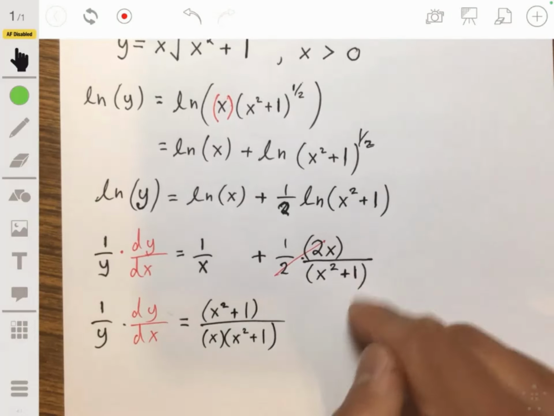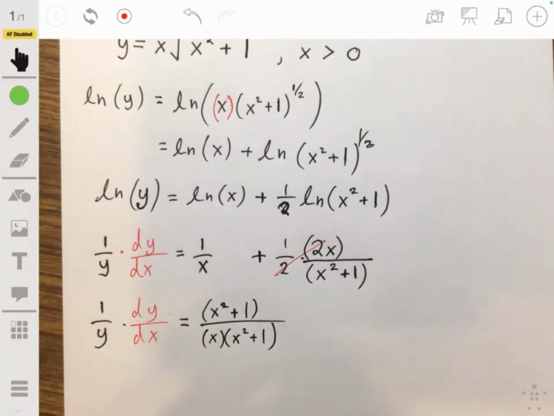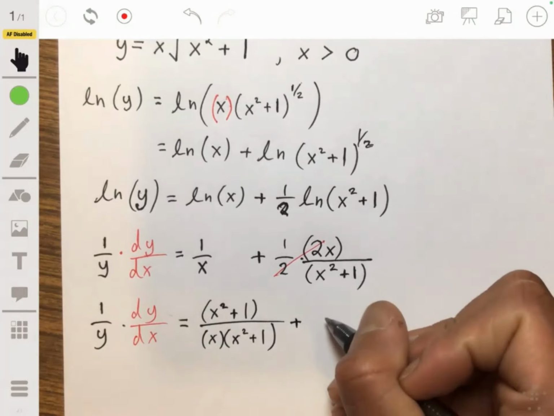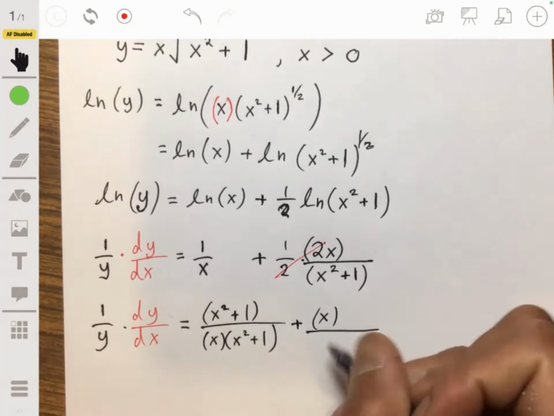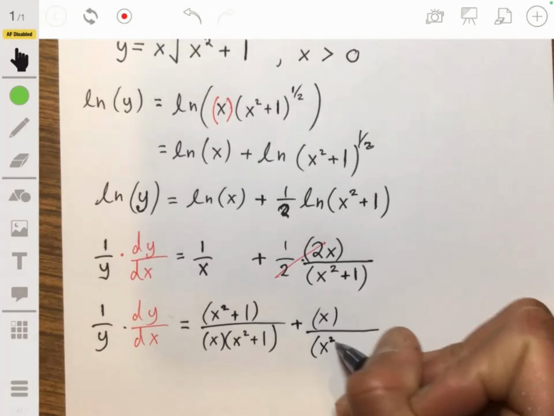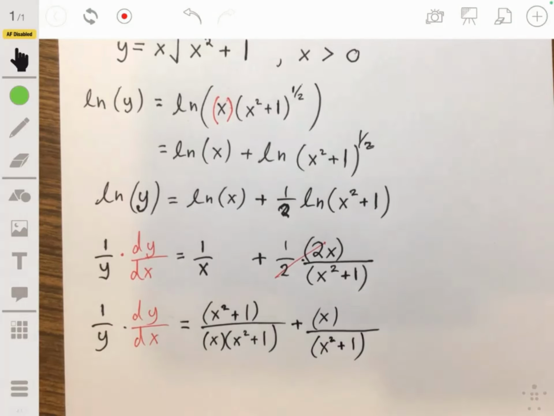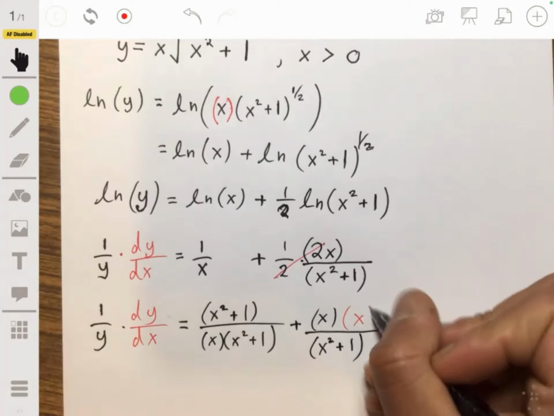And then this one we just need to multiply by x. So this will be plus x over x squared plus 1, multiplying the top and bottom by x over x.